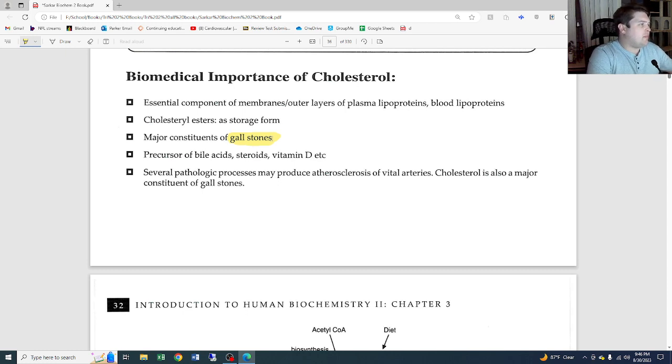So the precursor of bile acids, cholesterol is, steroids, vitamin D, etc. Several pathologic processes may produce atherosclerosis. Atherosclerosis is another word. This is hardening of vital arteries. So this is like a fatty buildup of the cholesterol on the arteries, and it slowly clogs them, and also the arteries lose their ability to kind of stretch and move with the pressure of the blood.